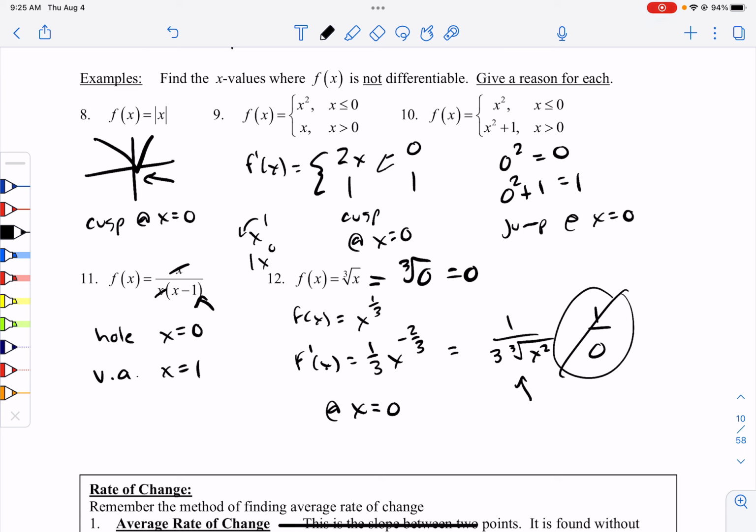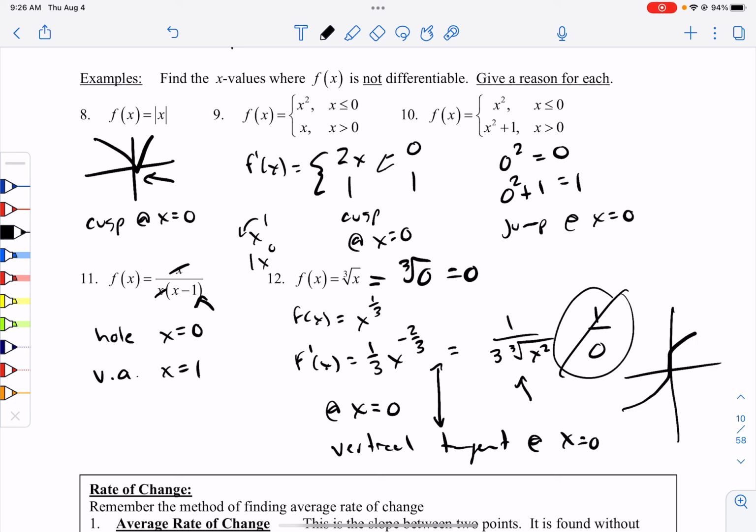Well, technically I have a slope. It's going to be straight up and down. So I have a vertical tangent at x equals 0. And if you think about the x cubed function, we have this thing right here. So right there, my slope goes straight up and down.